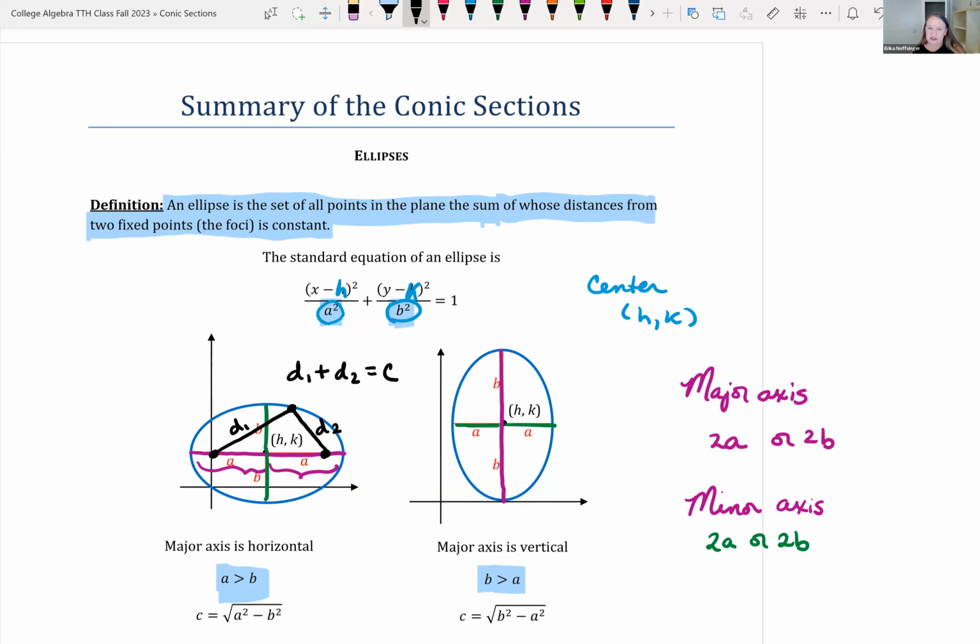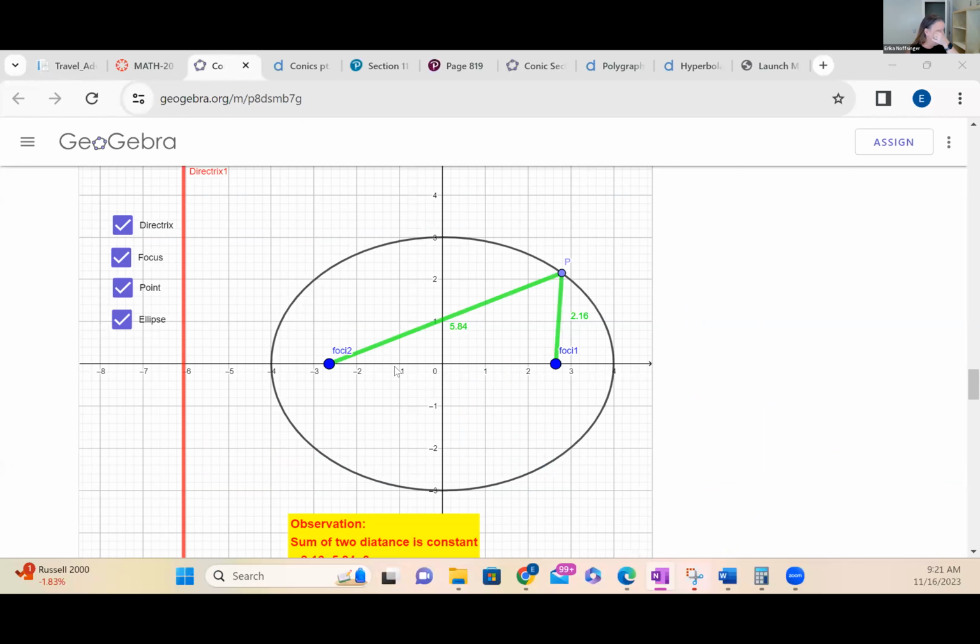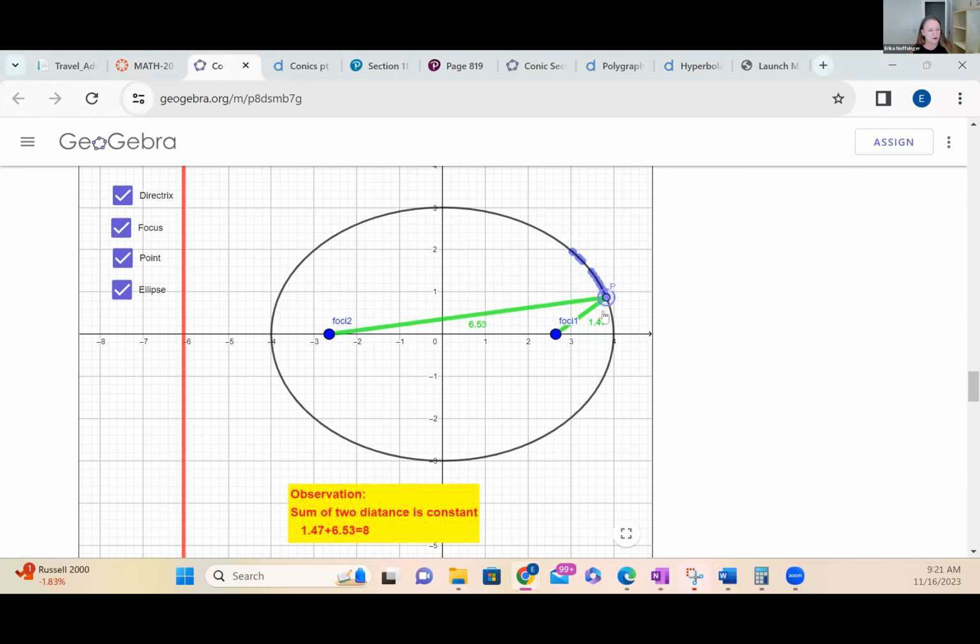I'm changing my screen here. So you should see in here the picture of an ellipse. Imagine that on these foci, you have a tack or a pin, and you have this piece of string. We make the string taut, and we move the pencil around, and we would be getting this image of the ellipse.